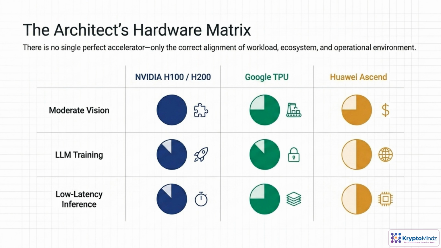For LLM training, H100s or H200 and modern TPUs lead on maturity and scale, while Ascend is emerging but more niche. For low latency inference, GPUs and Ascend both work well on-prem, and TPUs are compelling for large, steady cloud workloads. Start from workload, ecosystem, and operations, and let those drive your accelerator choice.